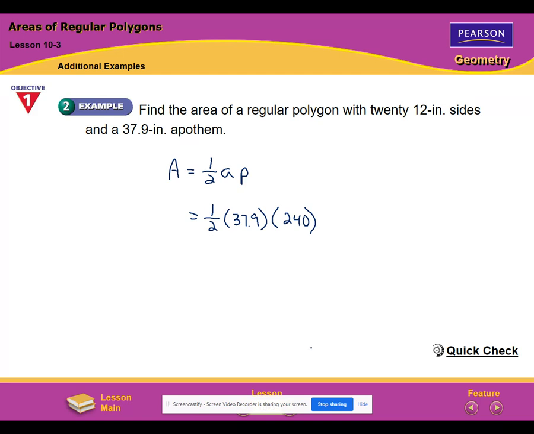That's no problem. 1/2 of 37.9 times 240 is exactly 4,548. Okay, and again, for each one of these, you should have work, this, and then answer like this. And it is an area, so that would be in inches squared. This is our new formula, 1/2 apothem times perimeter.